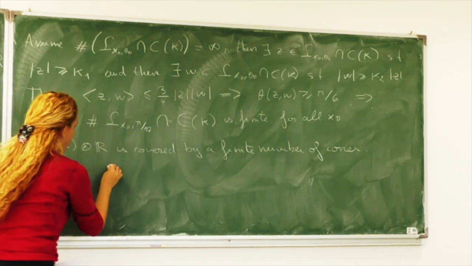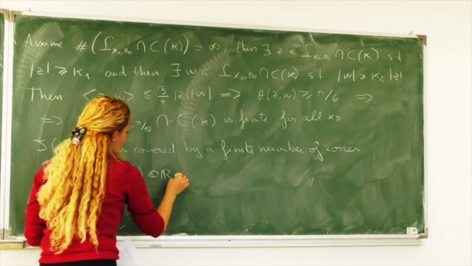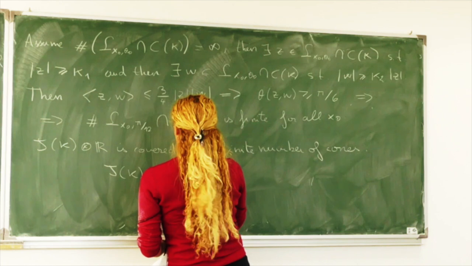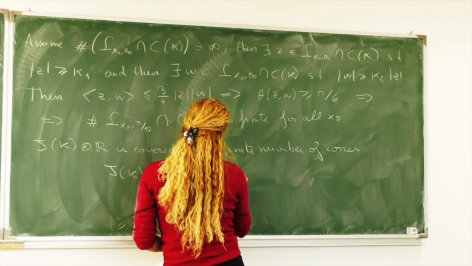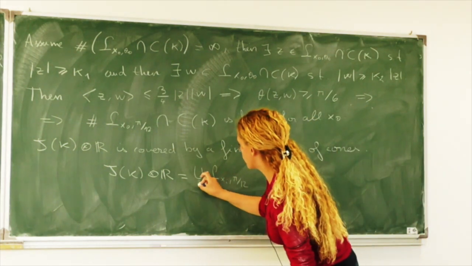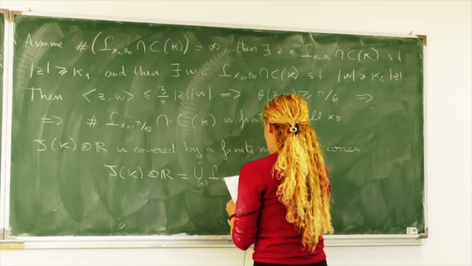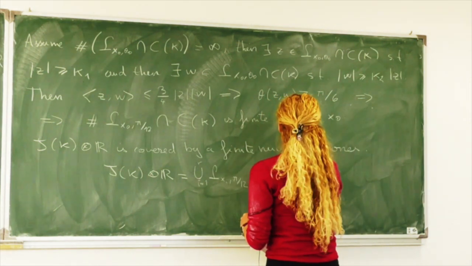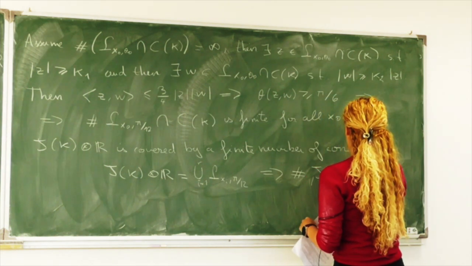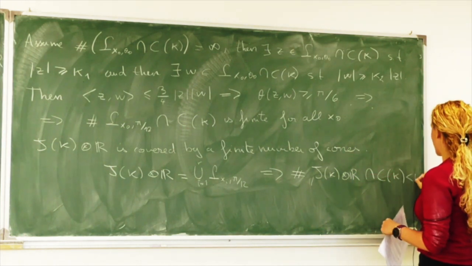So, we can find xi such that this is equal to the union of gamma xi pi divided by 12. And this is a finite one. So i from 1 to r. So then this implies that the intersection of this with the rational points of the curve is finite.